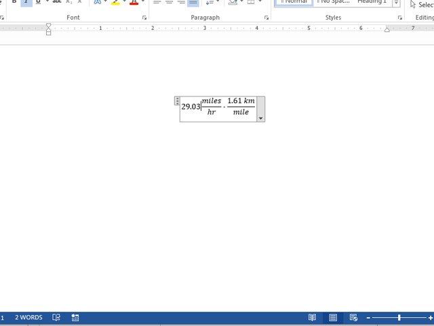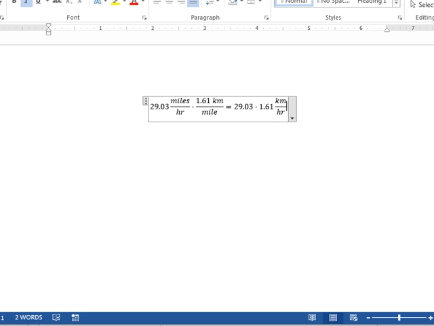We want to get to meters per second, right? So first thing we're going to do is convert to kilometers per hour. I'm not going to do the math here. I'm just going to put 29.03 times 1.61, and now we're at kilometers per hour. We've done one of the conversions.